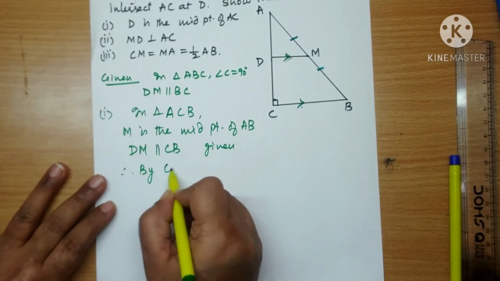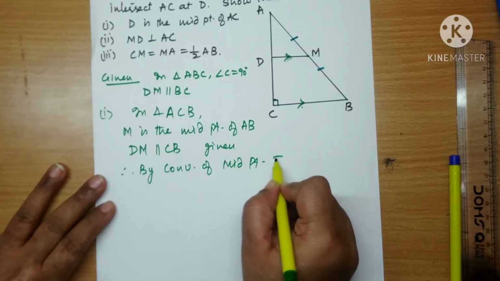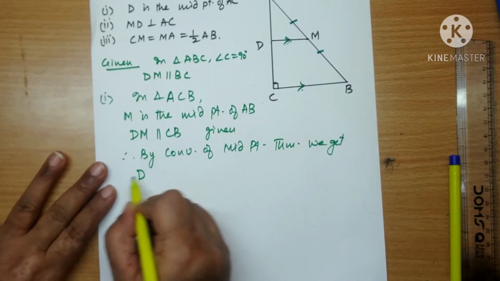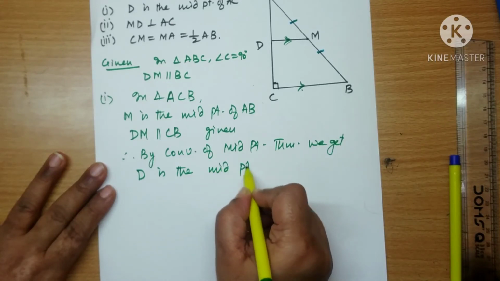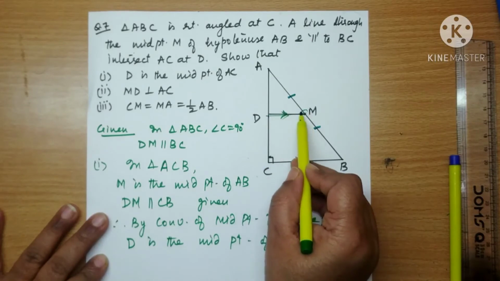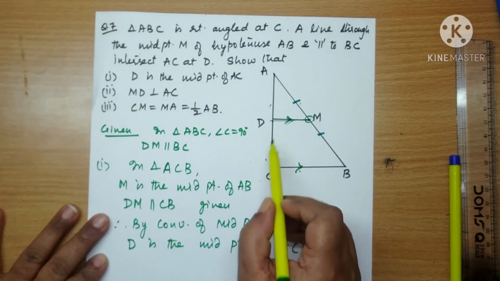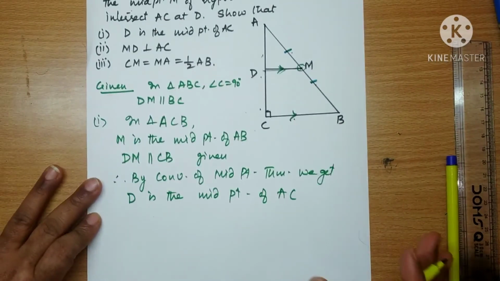So by converse of midpoint theorem, we get D is the midpoint of AC. See, line passing through the midpoint of one side parallel to the second side bisects the third side. So D is the midpoint of AC. This is what we had to prove in the first part.